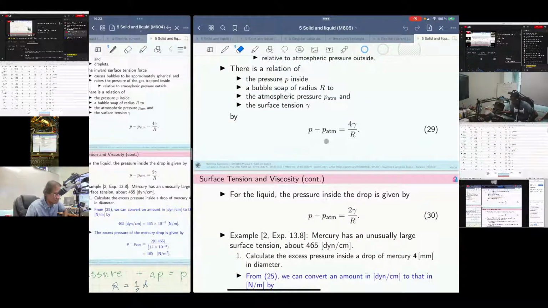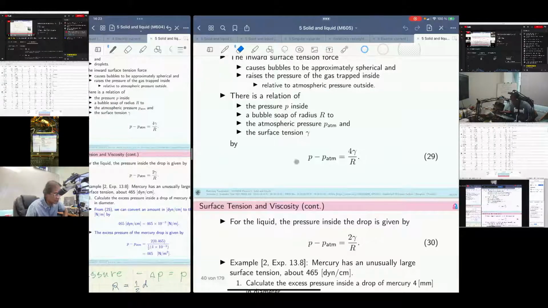The pressure difference in the bubble form is twice greater than the amount in the water drop. Okay, yeah, because of the surface tension, right?